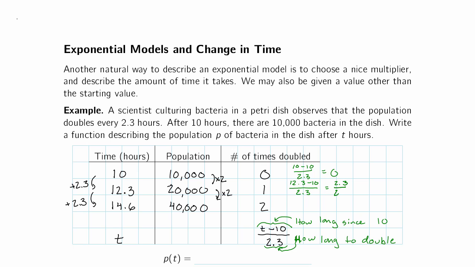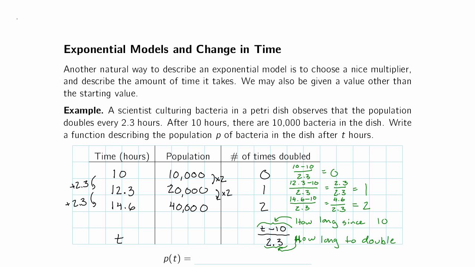And when we take 2.3 divided by 2.3, we get 1. 14.6 minus 10, that's 4.6. And we divide that by 2.3, we get 2. Right, so how long since the 10-hour mark divided by how long it takes to double will tell us how many times we've doubled since the 10-hour mark.